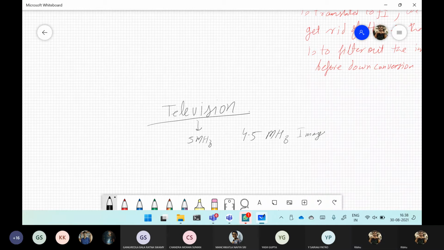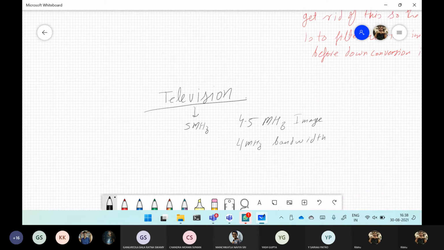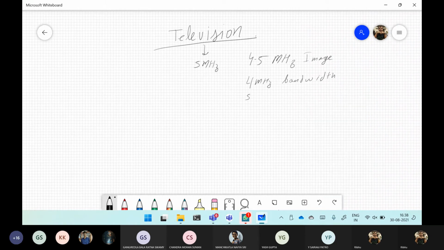4.5 megahertz for the image, 4 megahertz bandwidth, 500 kilohertz vestige. So you remember vestigial sideband modulation, right?